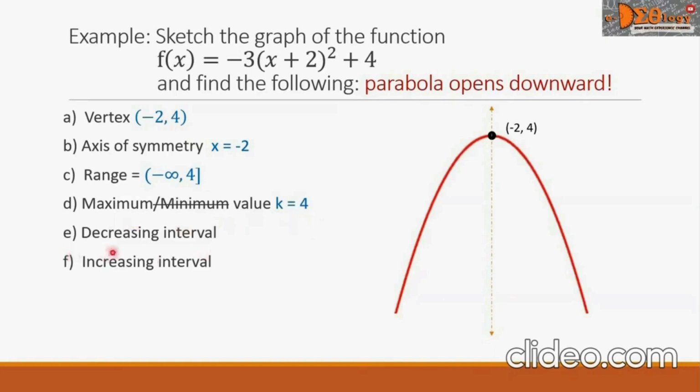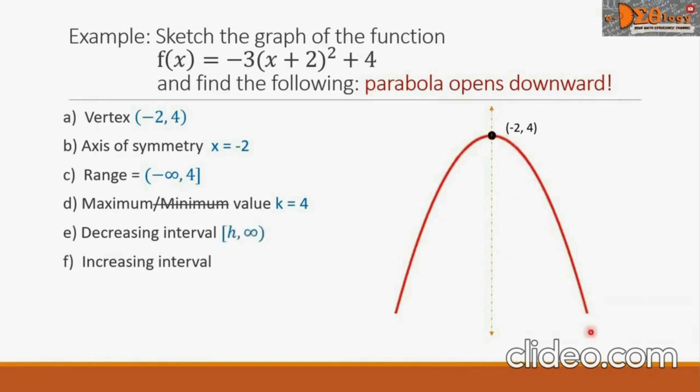Now letter E, decreasing interval. With respect to the axis of symmetry, the right side of the parabola is our decreasing interval. Do you remember? We're going to read the graph from left to right, and when it is going down, that is the decreasing interval. So this side here is the decreasing interval.